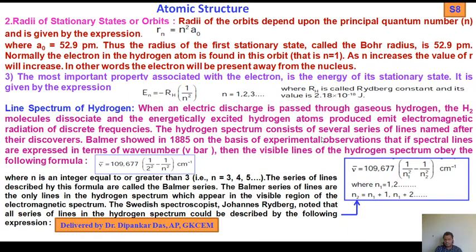The hydrogen spectrum consists of several series of lines named after their discoverers.